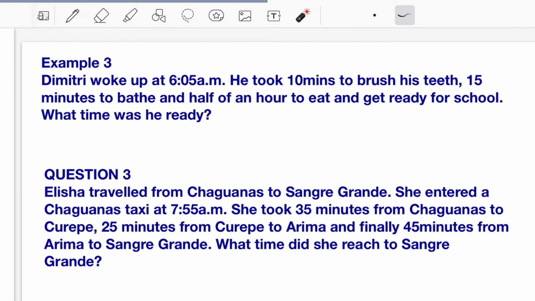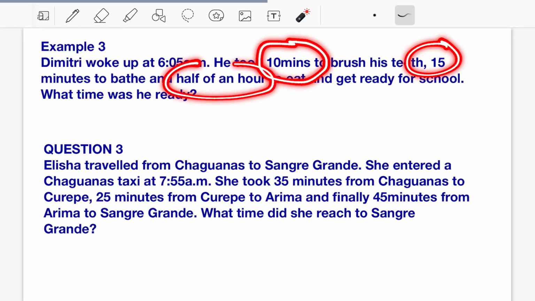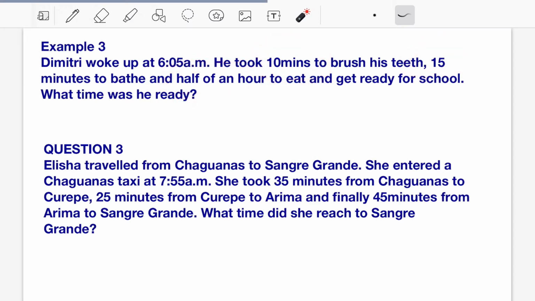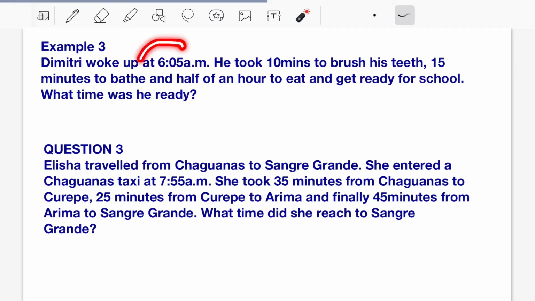The first method is to add the times, 10 minutes, 15 minutes, and 30 minutes. And then when we add those times together, we will add it to the start time. So basically what we are doing is finding the full duration of the activities, and we are going to add it to the start time in order to get the end time.